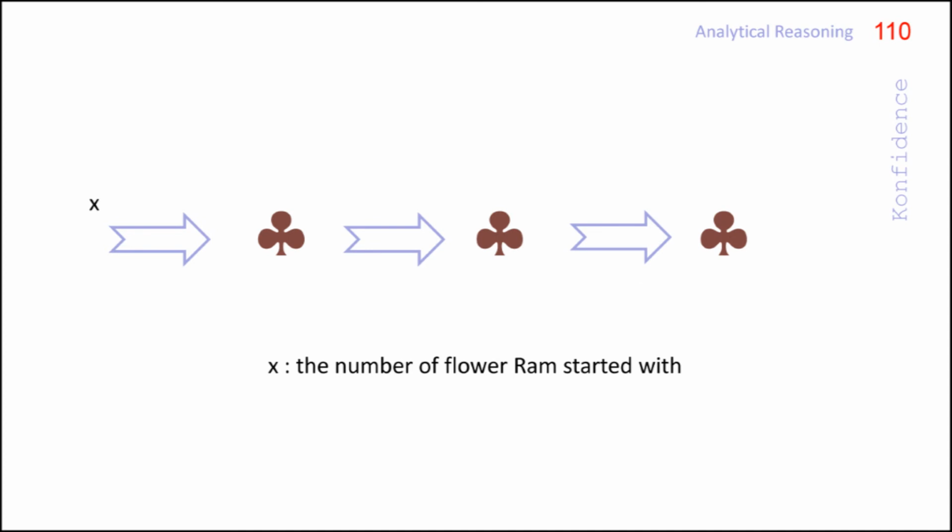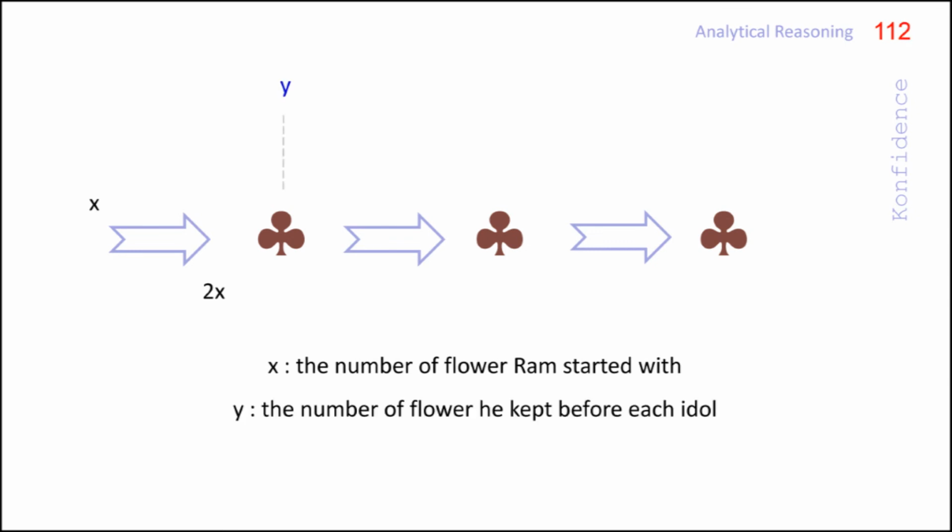Look carefully. If Ram would have started with x flowers, as he crosses the first gateway, it doubles to become 2x. He will give y to the first idol. So he is left with 2x minus y. It doubles to become 4x minus 2y. He again gives y to the next idol, as the number of flowers that he gives to each idol is the same.